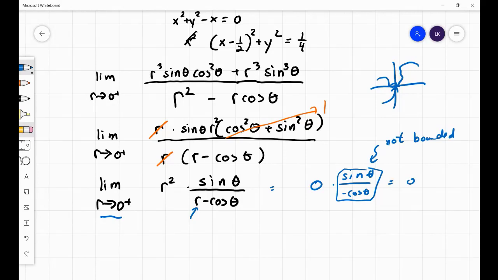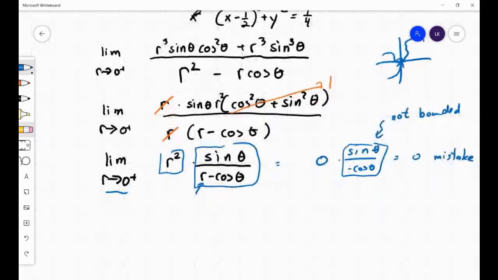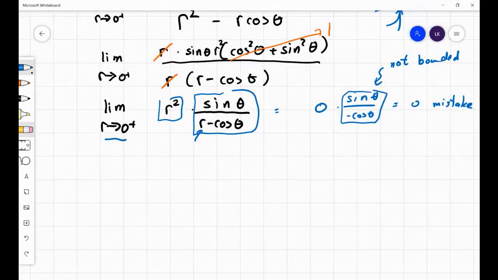So that's not bounded, so this is a mistake. The limit is not 0, it doesn't exist in fact. So if you're going to use polar coordinates, sure, you want r to go to 0, but this function of theta that you get here has to be bounded for the proof of the limit existing being valid. If it's not bounded, you have to do something else.